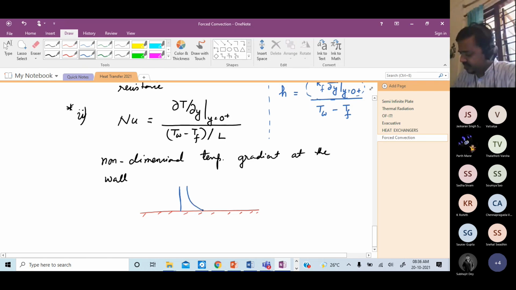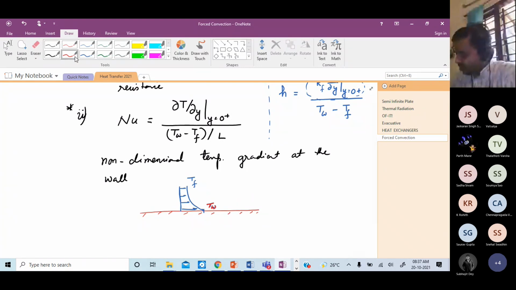So this was my TW, and this is my T infinity, sorry. The TF is varying like this. So let me write TW over here, the wall temperature.